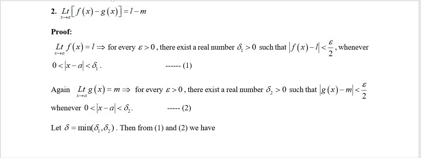Again, next, let delta equal the minimum of delta 1 and delta 2. Whenever we take delta as the minimum of delta 1 and delta 2, we can replace delta 1 and delta 2 by delta.